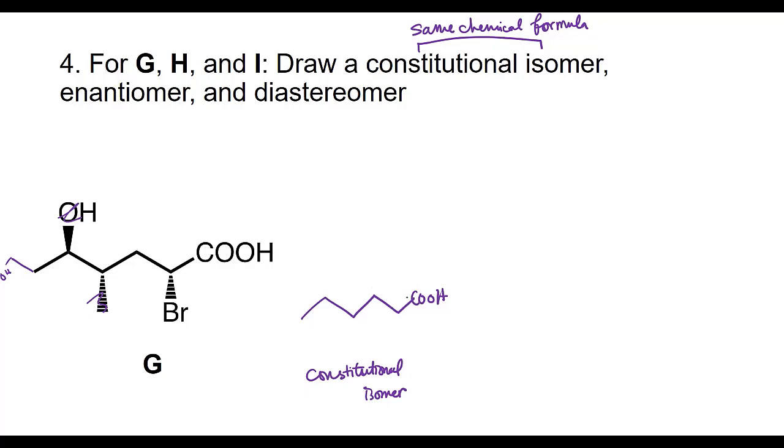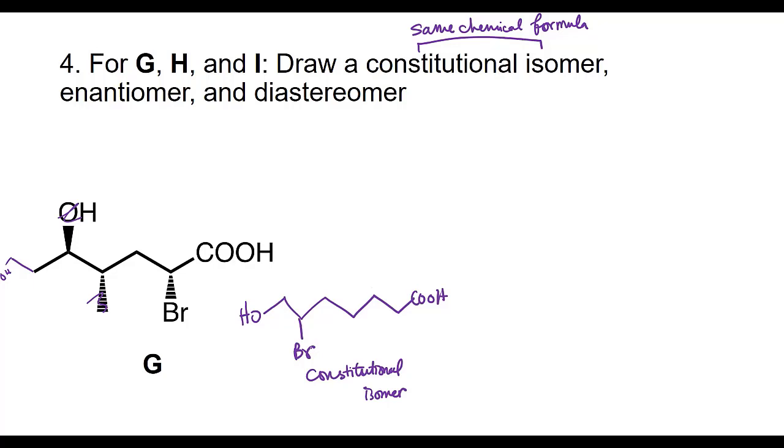Always count your carbons, by the way. And then let's say I put my bromine here. I have the same chemical formula, but a completely different looking molecule, and that means I'm a constitutional isomer. Same chemical formula, but it can be bonded completely differently. It doesn't matter at all.